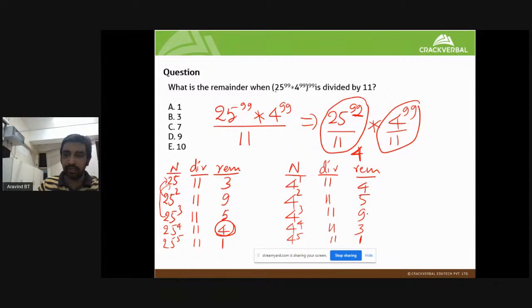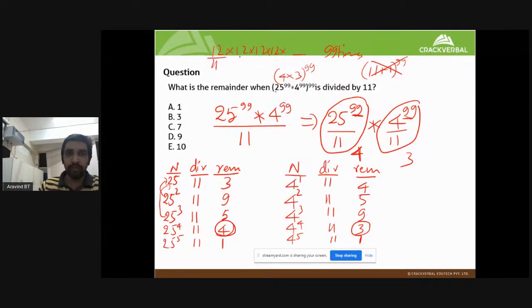The cycle is 5. We have a power 99. So again, the fourth value will be the remainder. So we have a remainder of 4 here into 3 to the power of 99. 12 is nothing but 11 plus 1, to the power of 99. If you want, you can exclude this step and say, okay, 12 power 99 is nothing but 12 into 12 into 12 into 12, 99 times.